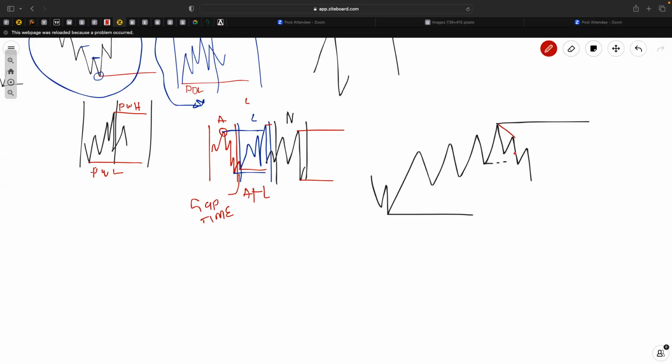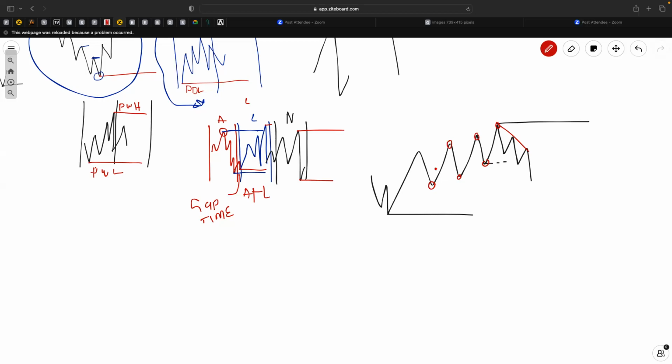Why? Because the rule of break of structure is that the volume of the existing swing, pay attention, the volume of existing swing must not be stronger than the volume of the break of structure.